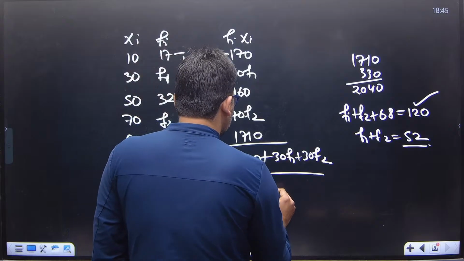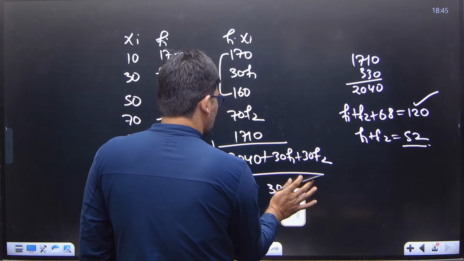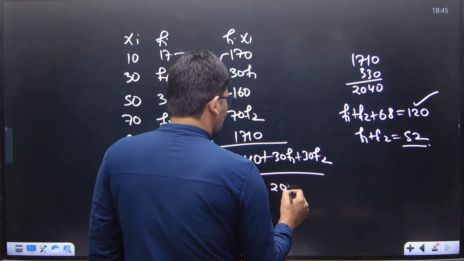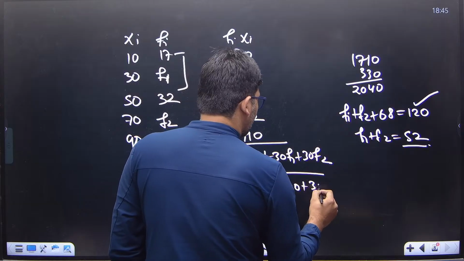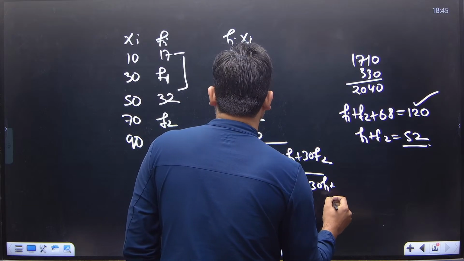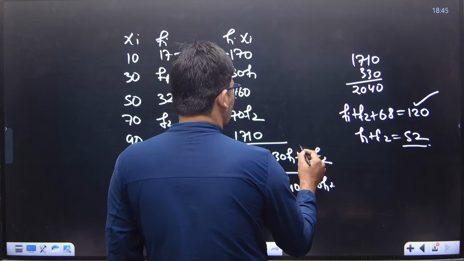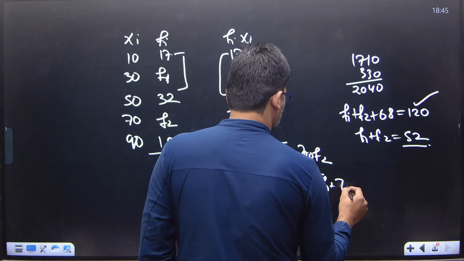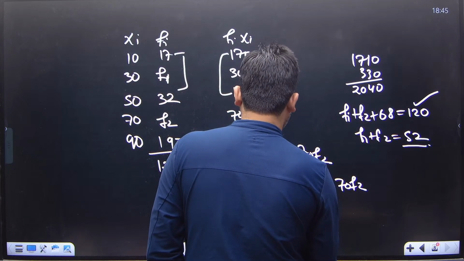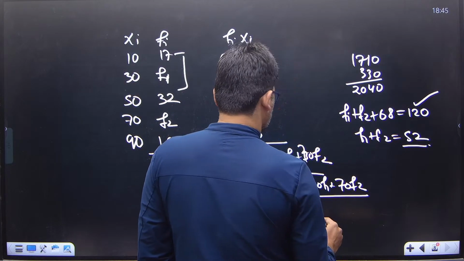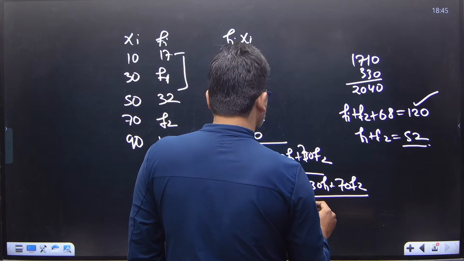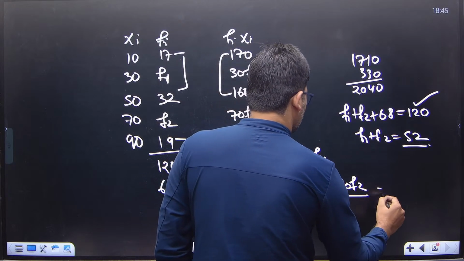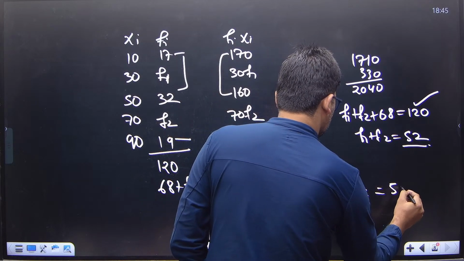And the mean is given as 50. So 2040 plus 30 f1 plus 70 f2 divided by total number of observations, which was how much? 120, is equal to how much? 50.